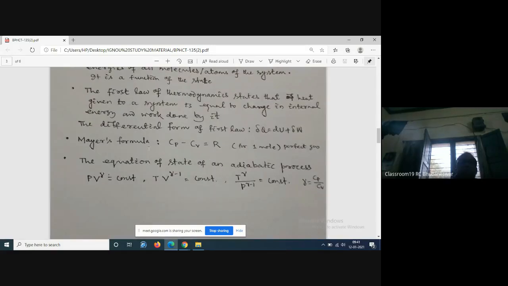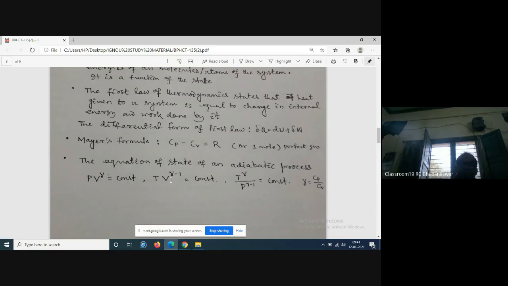Now, Mayer's formula, we have already told it in block 1. Cp equal to Cv plus R, or Cp minus Cv equal to R for 1 mole of gas. Now, using the first law of thermodynamics, we can derive this formula. Okay, so I'll show you some expressions today. The equation of state of an adiabatic process.